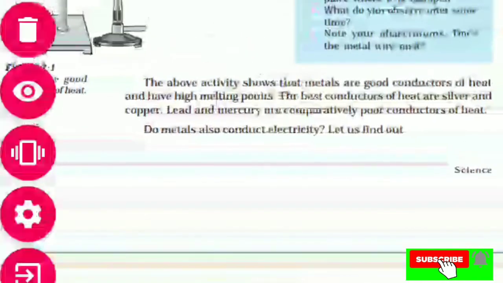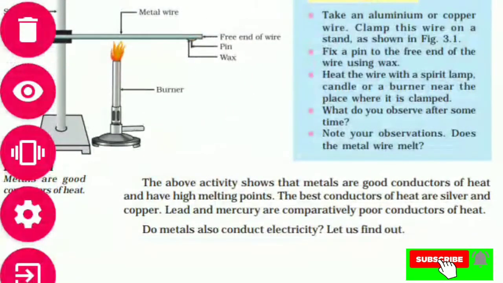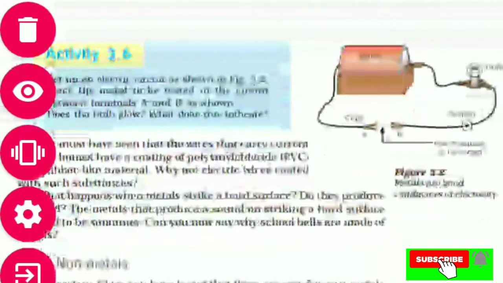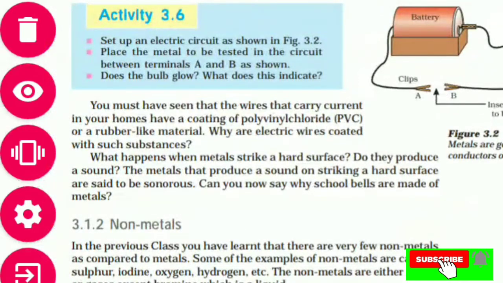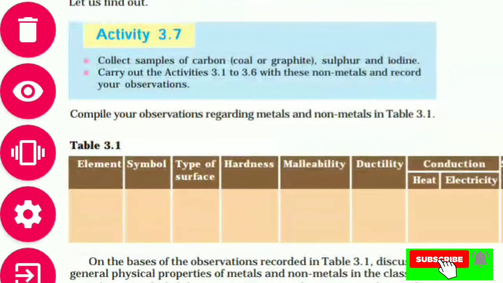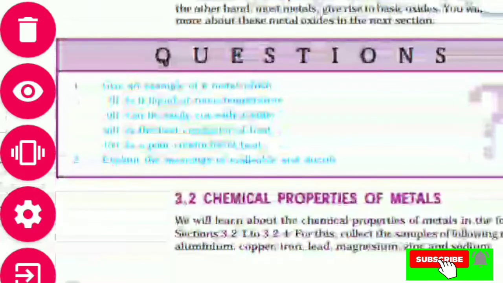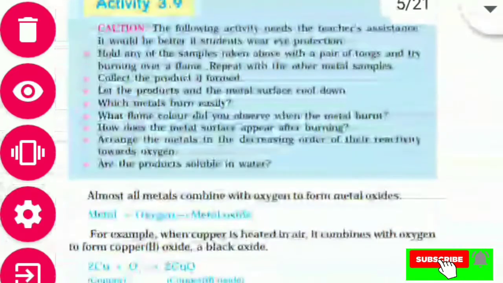Properties mean metals can conduct heat and electricity both. Non-metals do not. Sonorous means metals can produce a melodious sound. We have to study the chemical properties of metals, all this.